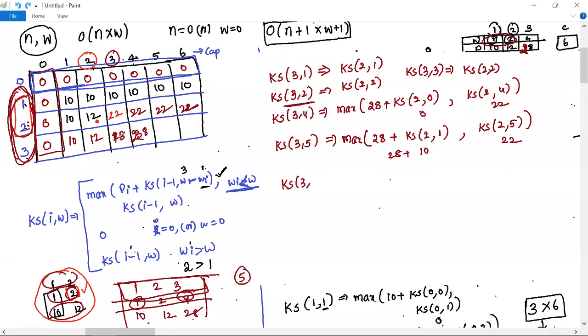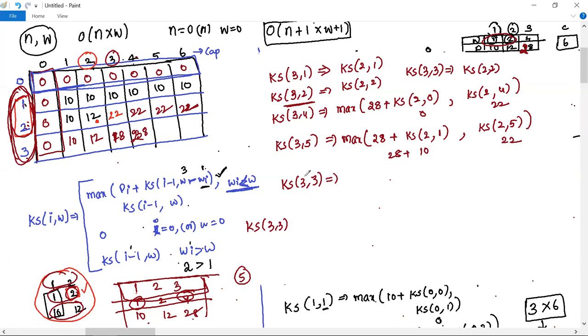One minute. Case of 3, 3 will be what? Let me write it first here. Case of 3 comma 3. Case of 3 comma 3 is what?